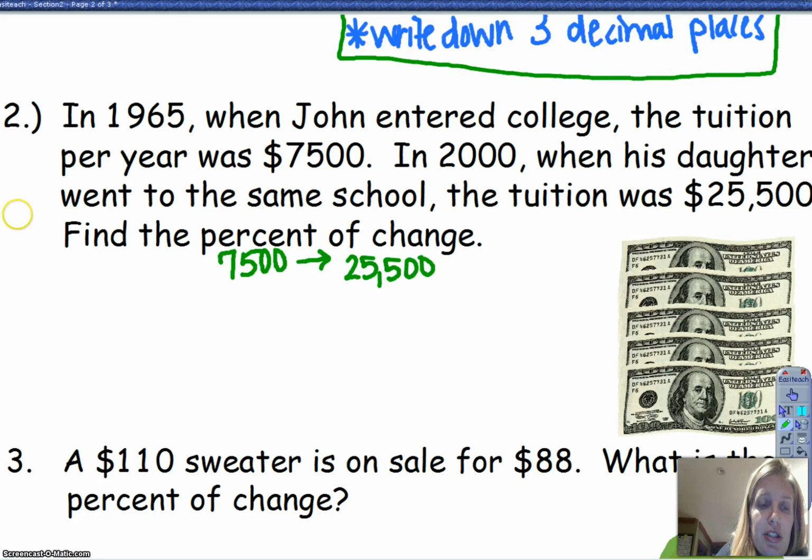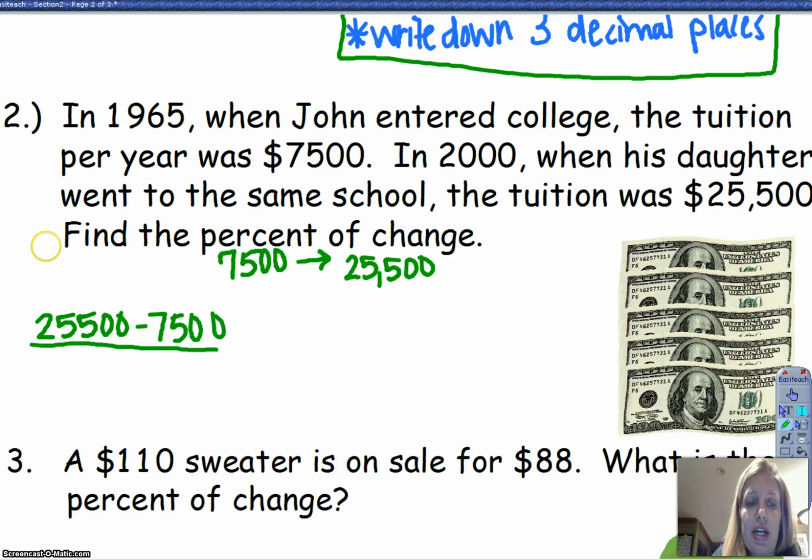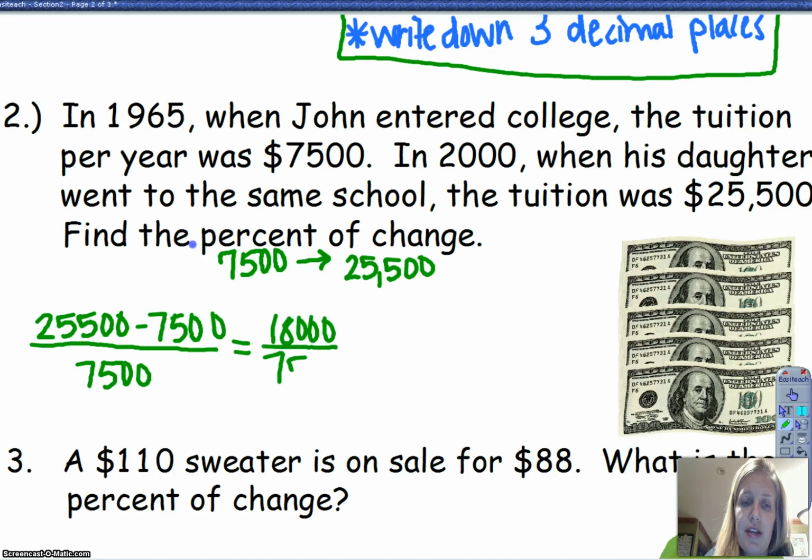Now we're going to subtract the 2. 25,500 minus 7,500 over the original, what it started out as would be 7,500. 25,500 minus 7,500 gives me 18,000 over 7,500.